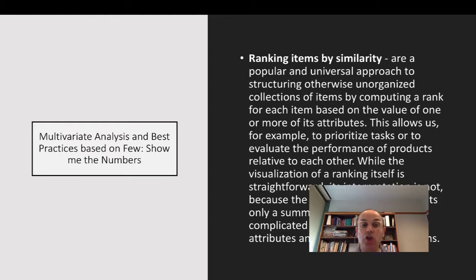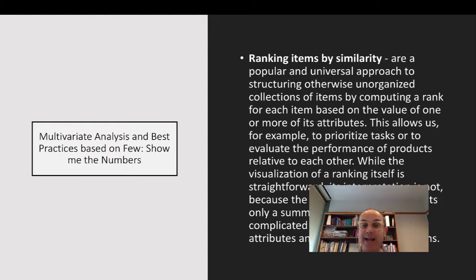But our textbook also talks about best practices. And it says one of the things that it recommends is ranking the items by similarities. And I want you to think about that, because this is really important, because our popular and universal approach of structuring an otherwise unorganized collection can sometimes be hard to do.